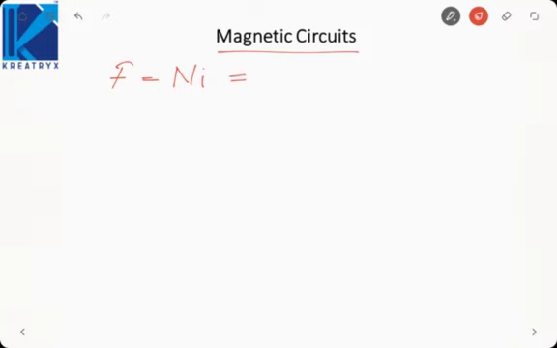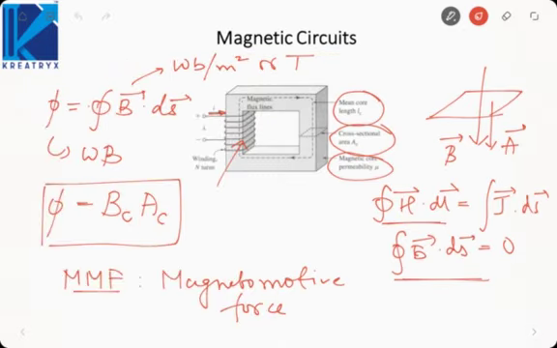We know current enclosed, by Ampere's law, is H dot dl, which is Hc into Lc. Here also I am assuming that H lies along the magnetic path. See, the magnetic path is shown like this.